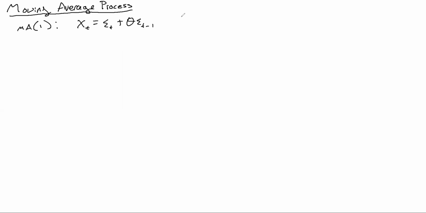And in our moving average process, epsilon t, our error term, for t equal to 0, 1, 2, and so on, is IID with 0 mean and a constant variance. So it's a 0 mean white noise process.